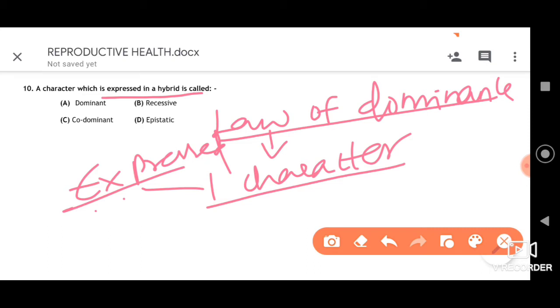The character which is not expressed is called the recessive character, and the character which is expressed in a hybrid or heterozygous condition is called the dominant character. So here the answer is A. Please go for it.